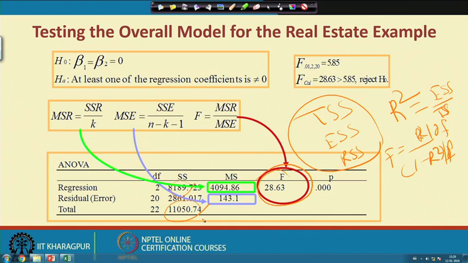We need the significance of the overall fitness of the model, which is reflected by the F statistic, and again we have to follow the structure of alpha fixation and degree of freedom. Then you have to find the critical value. In this case we are putting alpha equal to 1%, and the number of sample points corresponding to the number of sample points.